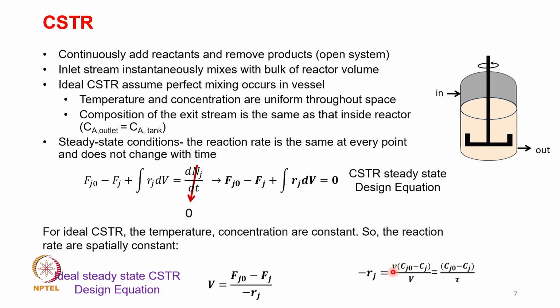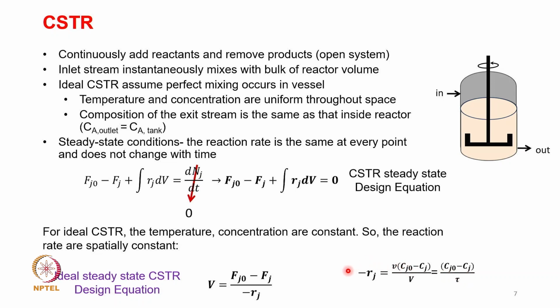So you can write minus Rj equal to Cj naught minus Cj divided by tau, where capital V, the volume of the reactor, divided by the volumetric flow rate is replaced by a term called the space time, or residence time, of the reactor.